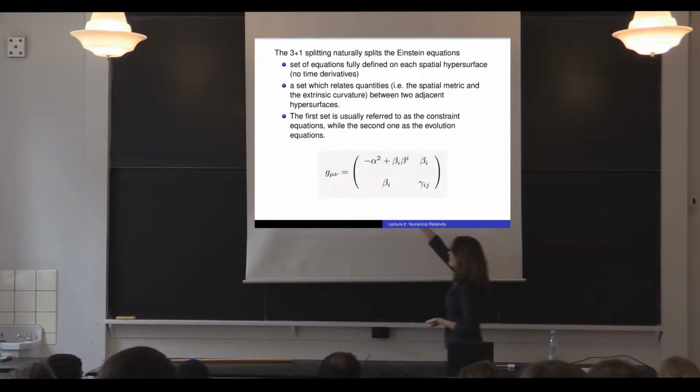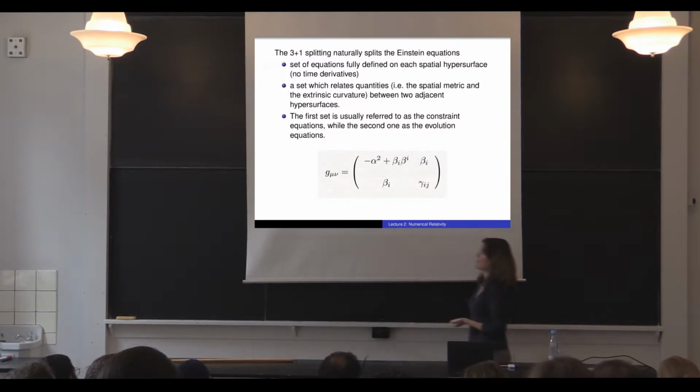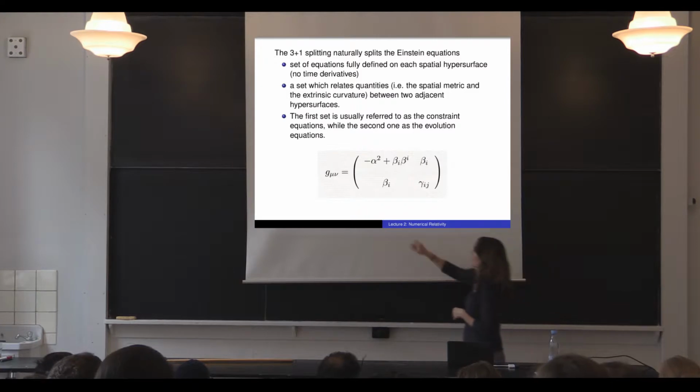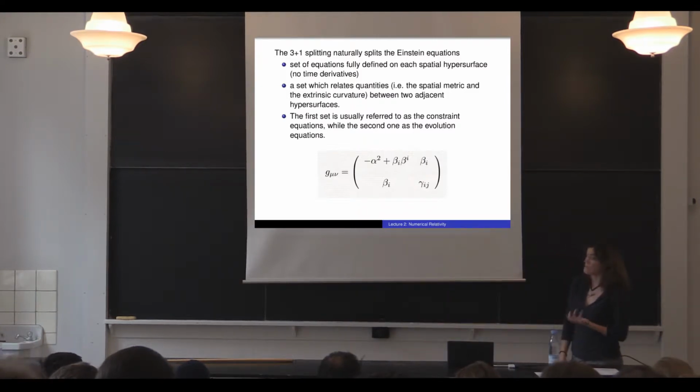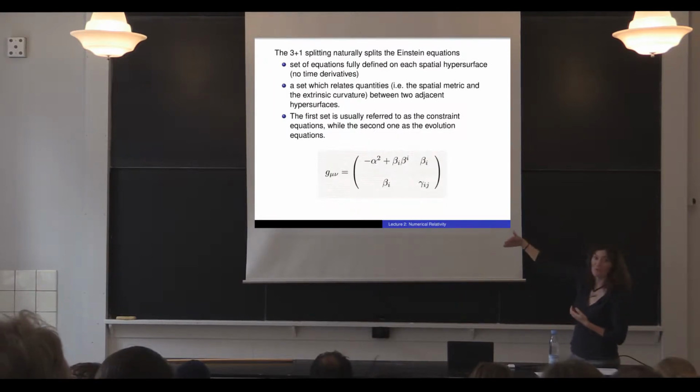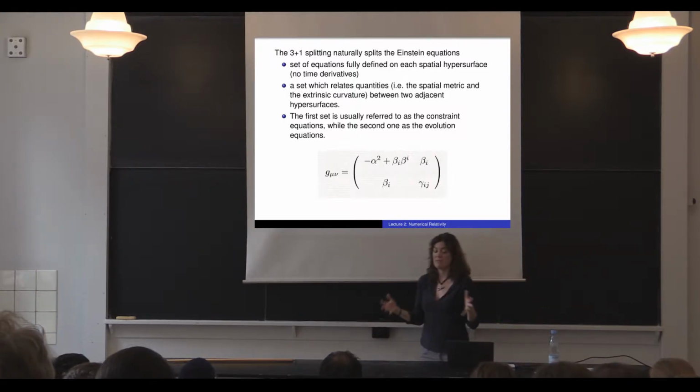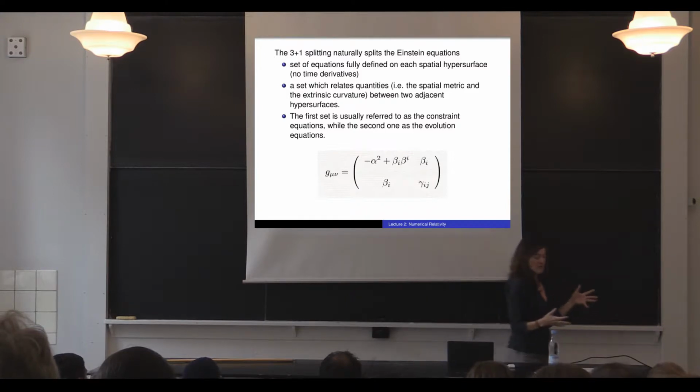Your 0,0 component is a combination of the lapse and shift, which describe how you move your coordinates. And here's our spatial metric, gamma_ij, which is the one we're going to be solving for mostly. You'd also have the extrinsic curvature, so we have to build the extrinsic curvature out of these things. What we end up with is the same as in electromagnetism.